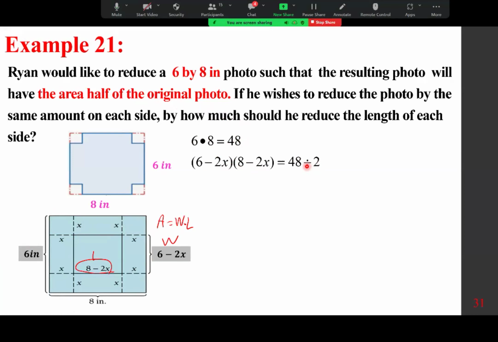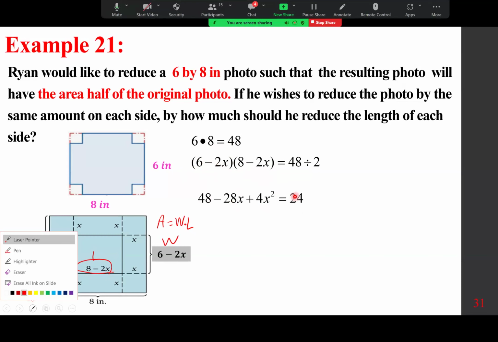Okay. When we multiply these two, we get 48 minus 28x plus 4x squared, because 6 times 8 is 48. 6 times negative 2x, and then negative 2x times 8, they add up to negative 28x, and these two give 4x squared. Now, we are bringing everything to the right, and we're going to put it in descending order for the sake of factoring.